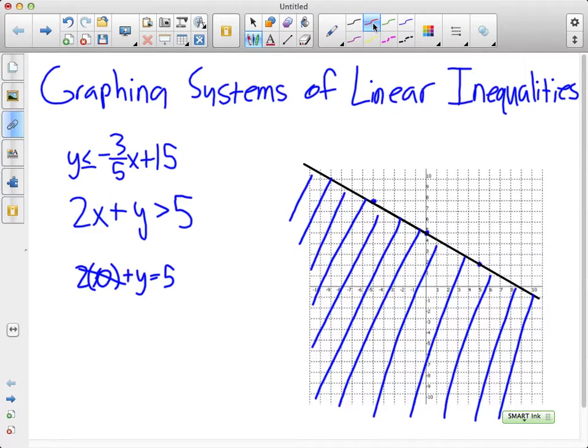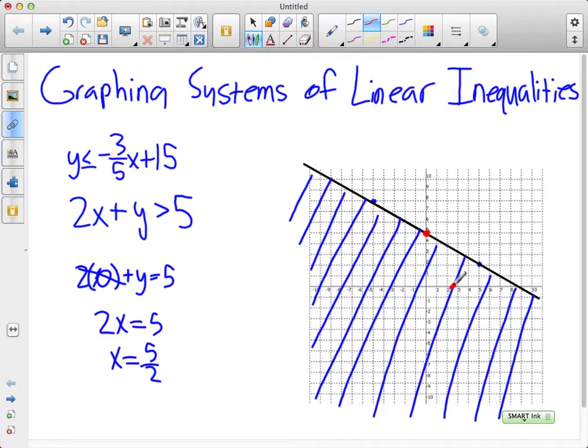Use red for this one, so same y-intercept. And then for my x-intercept, I'm going to set y equals 0, so I have 2x equals 5, which means my x-intercept is 5/2. So 5/2 is exactly 2.5. There's my x-intercept.